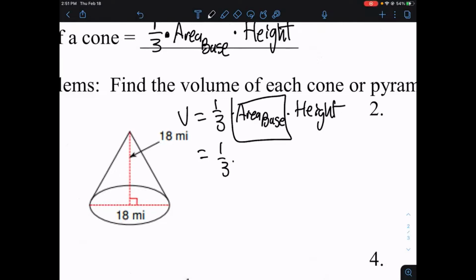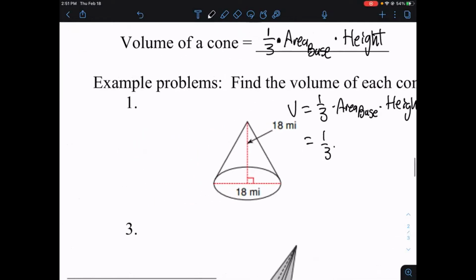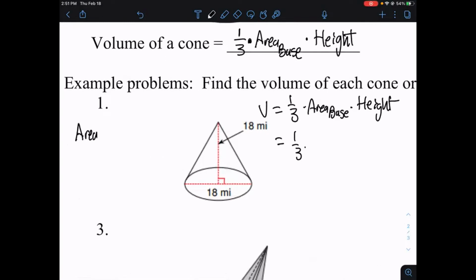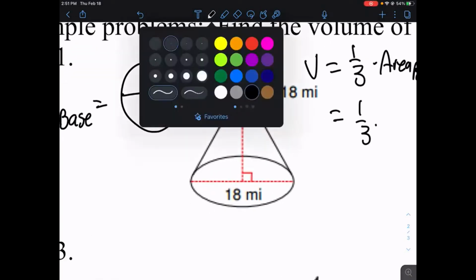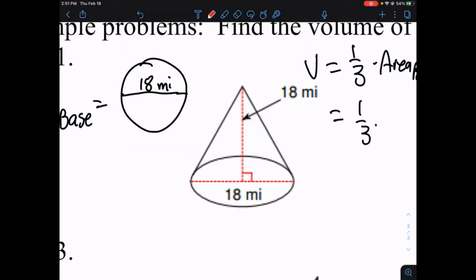Next, let me calculate the area of the base. I'll do that off to the side. The base is this circle with diameter 18. But we know that for the area of a circle, we would rather have the radius.